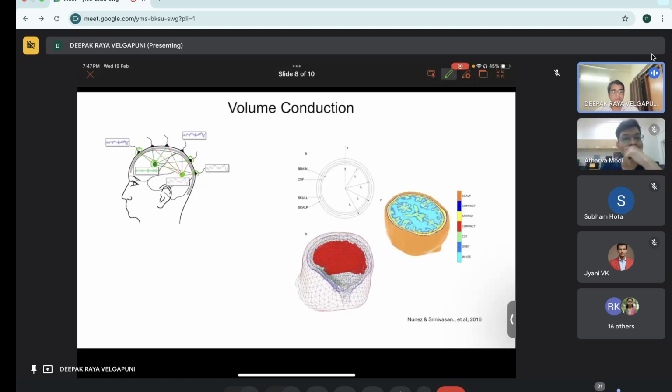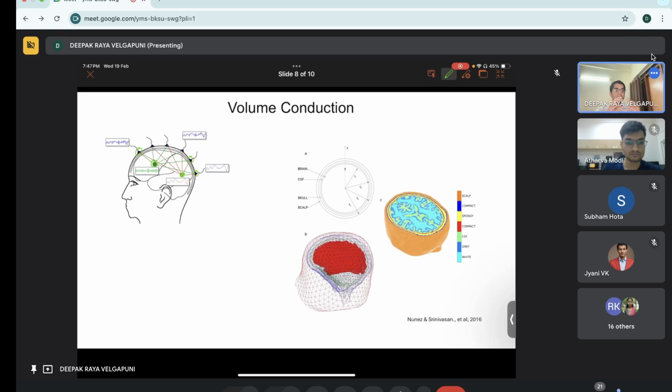So why does volume conduction happen? First thing is we are measuring very far away from the source, and also the layers of the skull, the meninges, then the skull, all these are not isotropic. They have different characteristics at different positions, and therefore an electromagnetic signal propagating has different attenuation levels at different points.